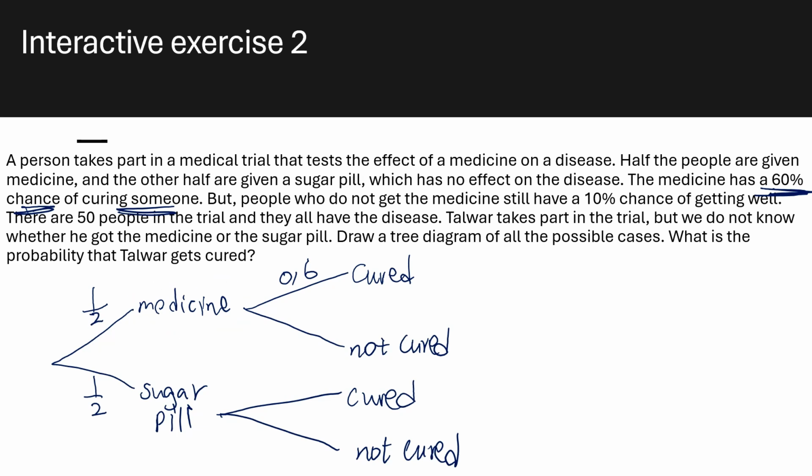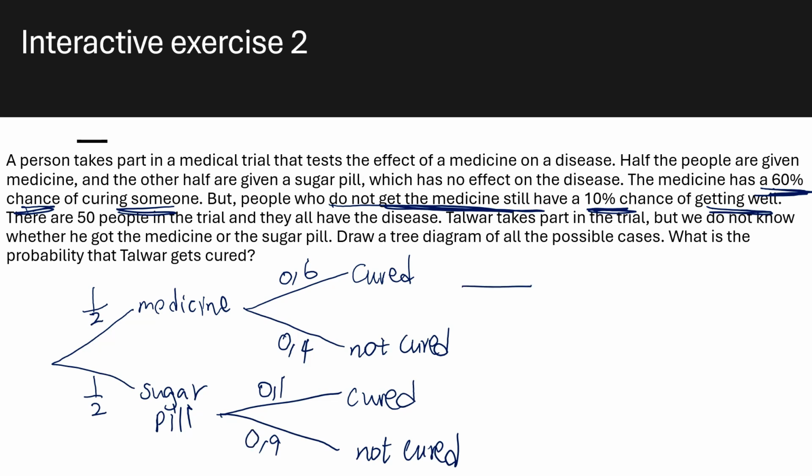Obviously not getting cured, because they must sum up to 1, this must be 0.4. Then those who do not take a medicine still have a 10% chance of getting well. It's those who got the sugar pill, right? So they still have 10% of getting cured, which is 0.1. Then for not getting cured, it's about 90%, which is 0.9.